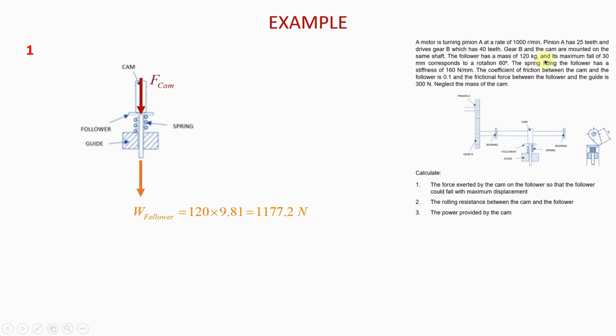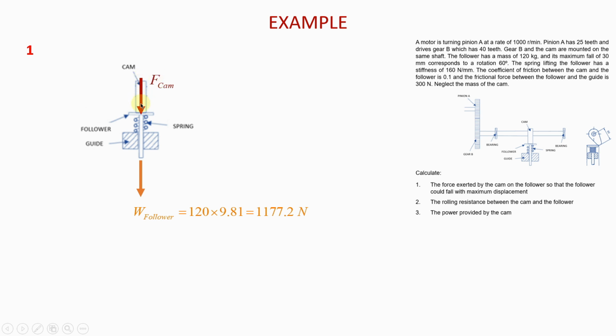When you continue reading the question, you find that you also have a force in the spring, because we are told that the spring that lifts the follower has a stiffness of 160 newtons per millimeter. You can imagine that here you have a spring, and then you apply a force, which is the force from the cam.